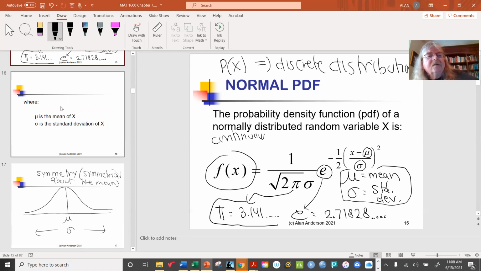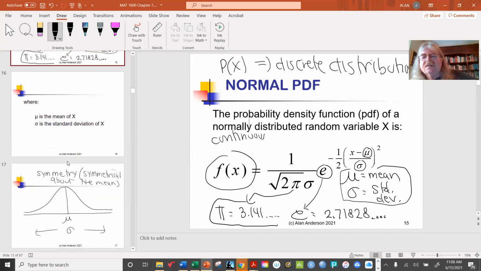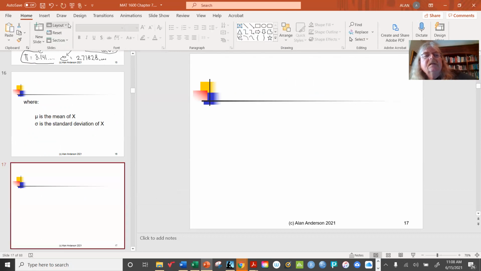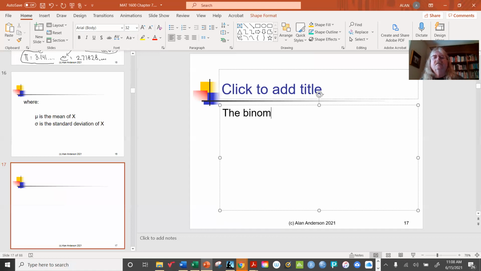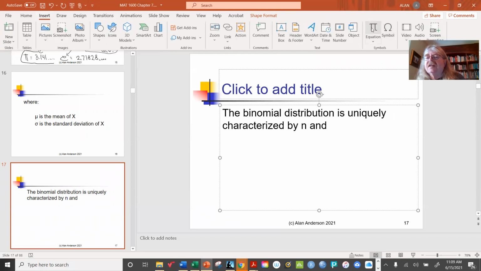In fact, I'm going to set up a brand new chart here just to quickly summarize this. Just so we don't forget, the binomial distribution is uniquely characterized by n and pi, meaning probability of success.